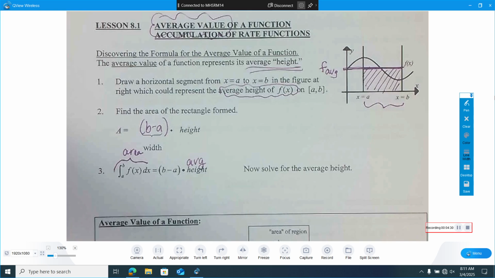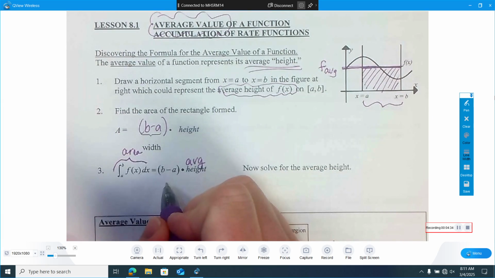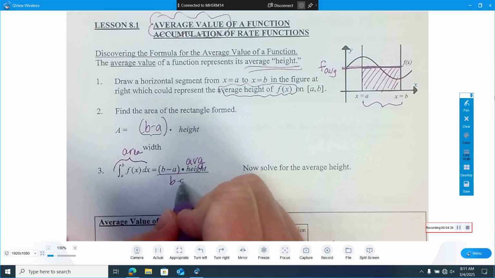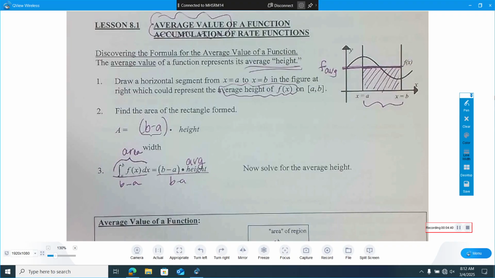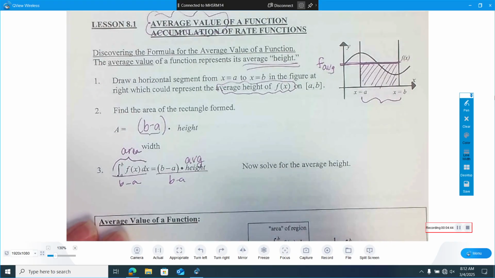Our average height, well, all I have to do to get average height by itself is divide by b minus a. So if we divide both sides by our width, that's going to give us the average height of the function.